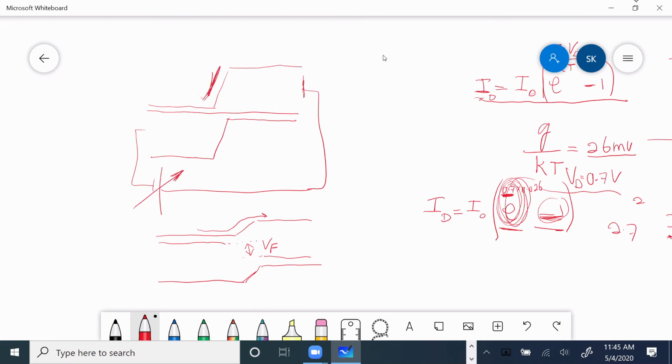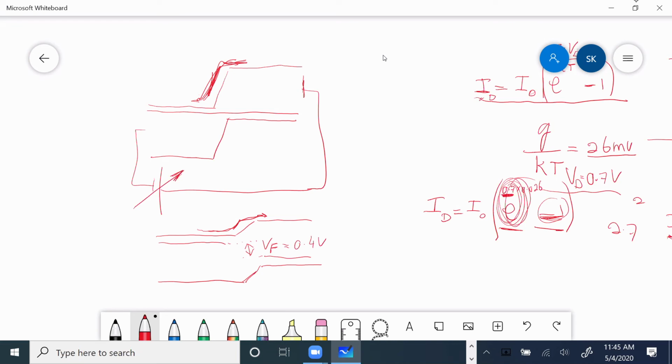This was too steep for them to climb from there to there. But now it is less steep. That was, say, 0.4 volt.